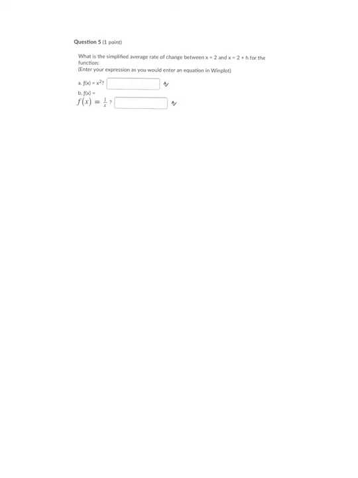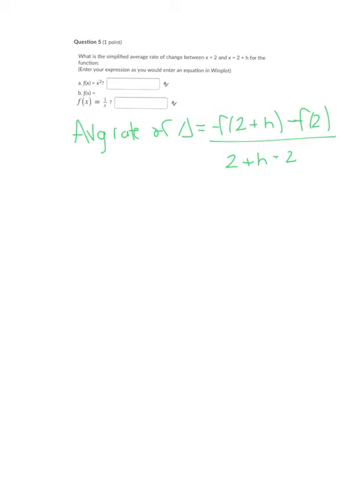For question 5, it is basically the exact same as question 4, except now we're trying to find the simplified average rate of change between x equals 2 and x equals 2 plus h. So I will show you the full solution. We are going to be using the exact same formula. So average rate of change is equal to f of 2 plus h subtract f of 2 divided by 2 plus h subtract 2.